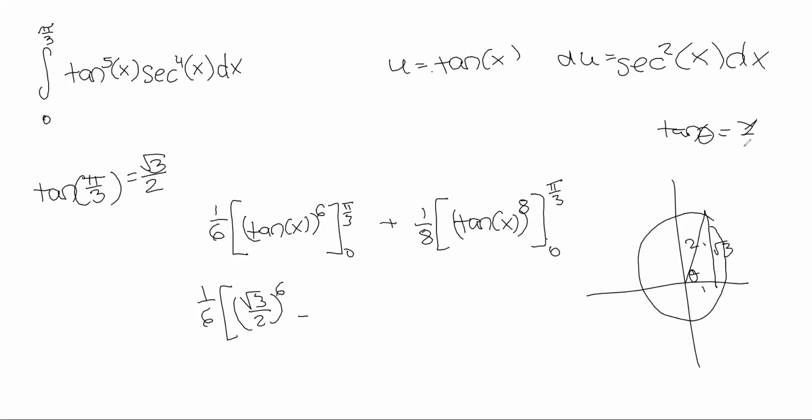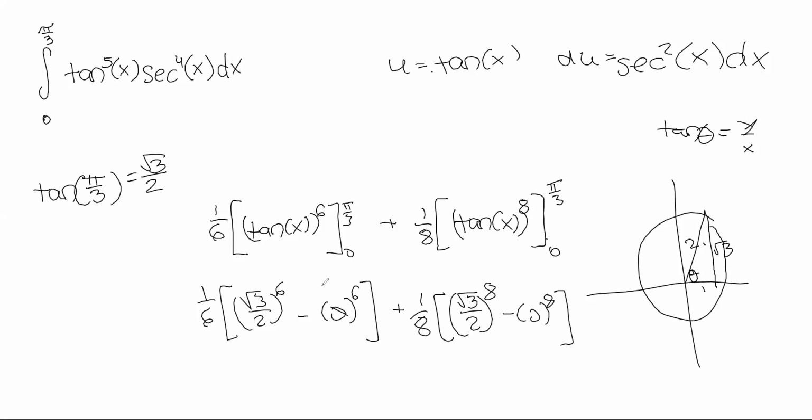No, sorry, y over x. So this would be 0 over 1, so 0 altogether. So the tangent of 0 is 0. The other integral is going to be the same thing, except to the 8th power and not to the 6th power. So the zeros just go away completely.